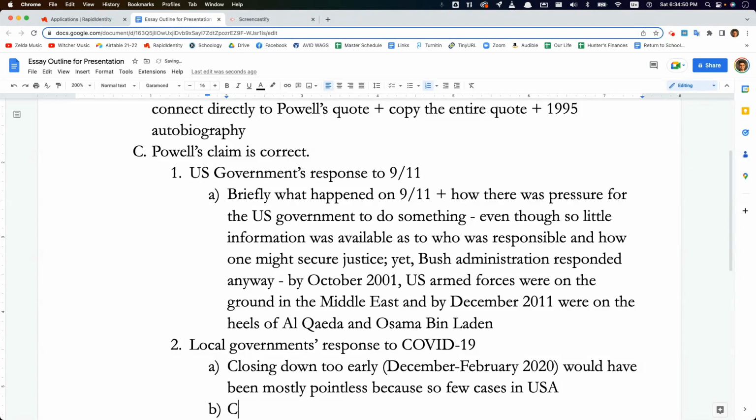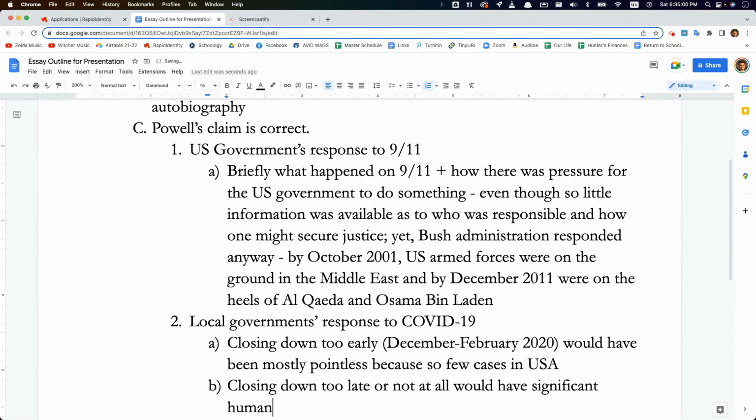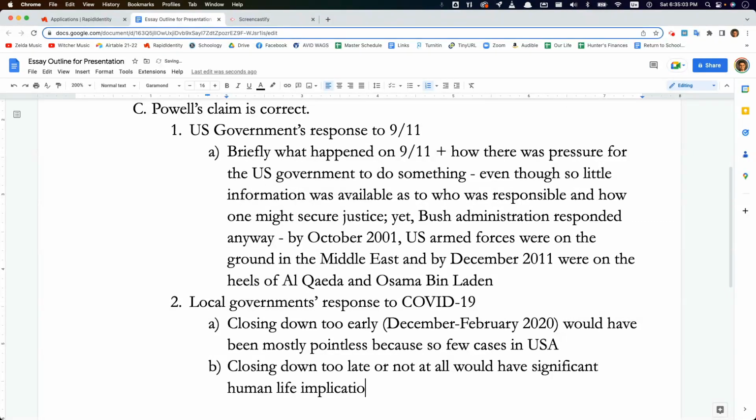And closing down too late, or not at all, would have significant human life implications, right? Like high morbidity. Morbidity just means illness and general human suffering, and then mortality, which is death.